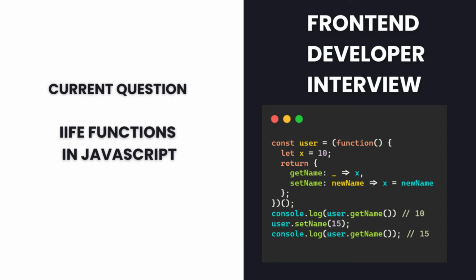Yes. Now what I'm asking: when you are navigating to a different page, you want to update that value with x equal to 15. How can we do that? Can we access that let variable from the immediately invoked function? I think no, we cannot.